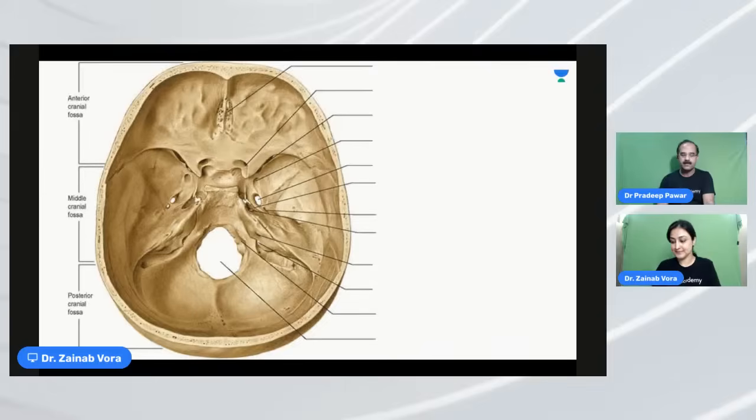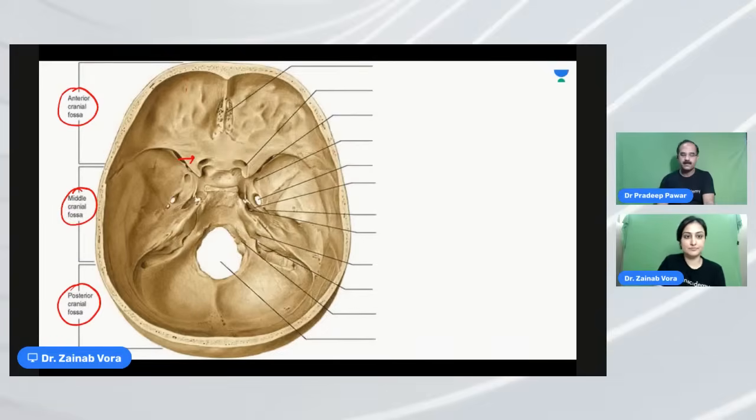Let us start with this cranial foramen. Now, let us start with the cranial fossae. We have got three cranial fossae: the anterior cranial fossa, the middle cranial fossa, and the posterior cranial fossa. Now we have got this lesser wing of sphenoid. From the front till the lesser wing of sphenoid, that's the anterior cranial fossa.